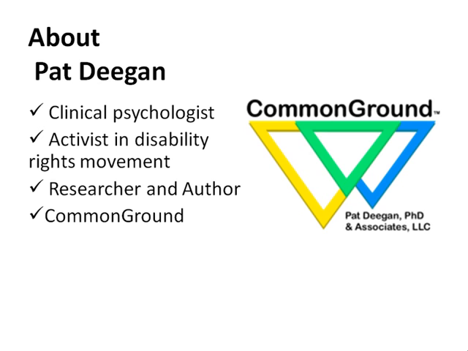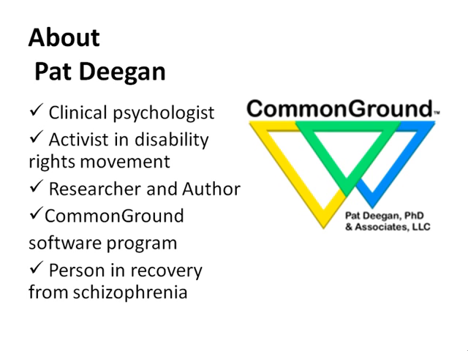In the past few years, I have created a web-based software program to support shared decision-making and consumer empowerment in the medication consultation. The software program is called Common Ground. What you will be learning in this tutorial is part of the Common Ground approach. And finally, I am a person who has recovered after being diagnosed with schizophrenia as a teenager.